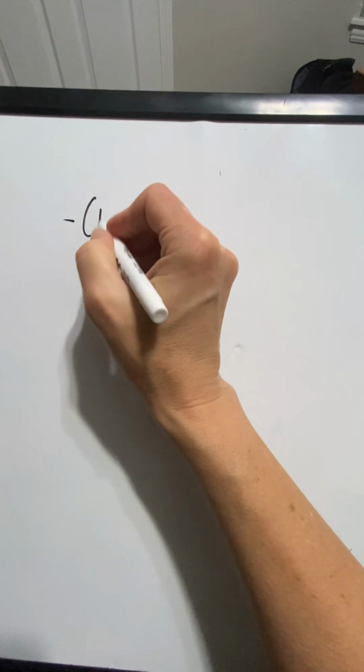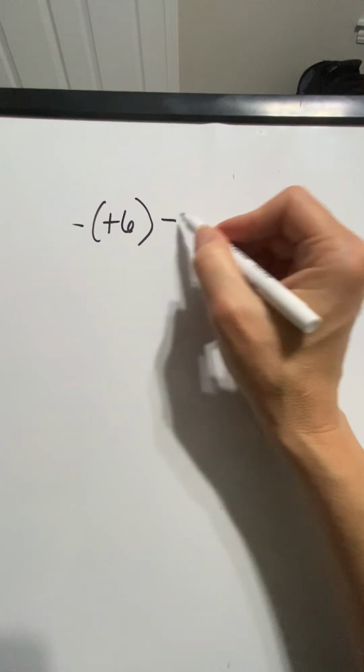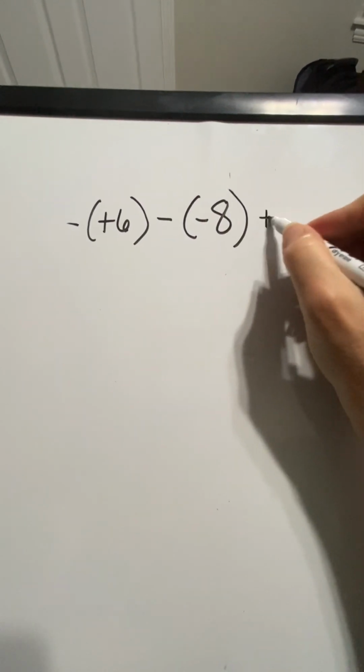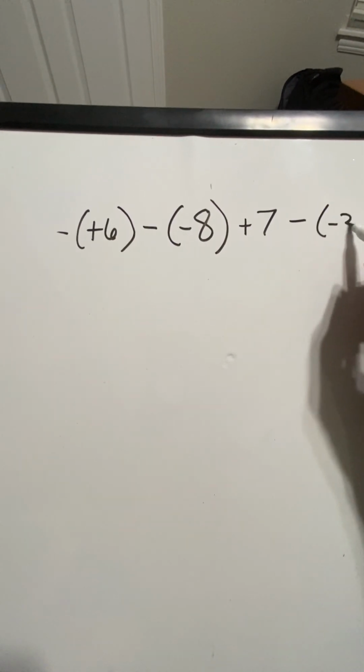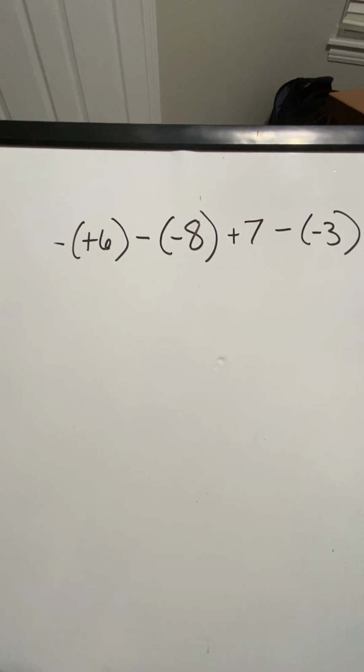Okay, let me do question C on that page. -6 minus -8 plus 7 minus -3 plus -5 equals.